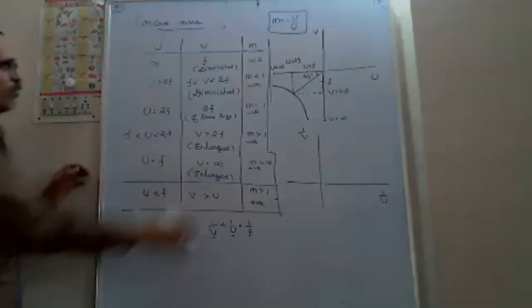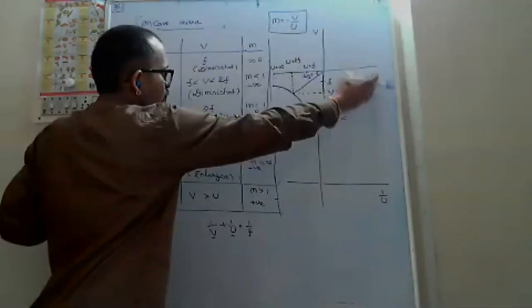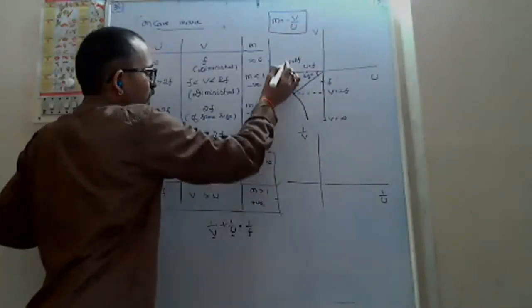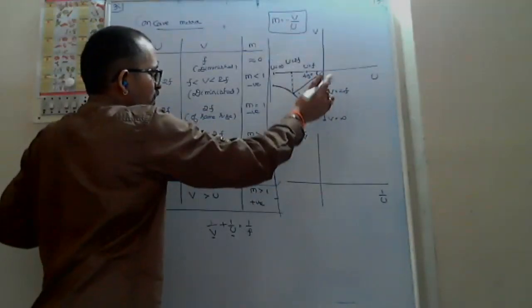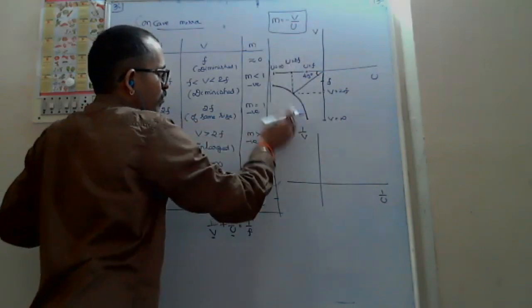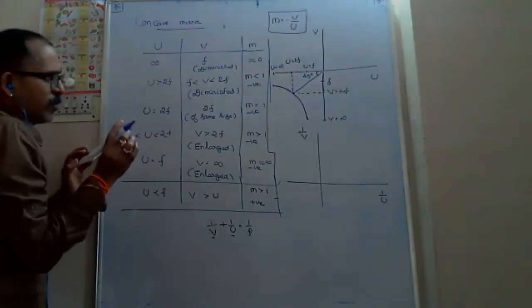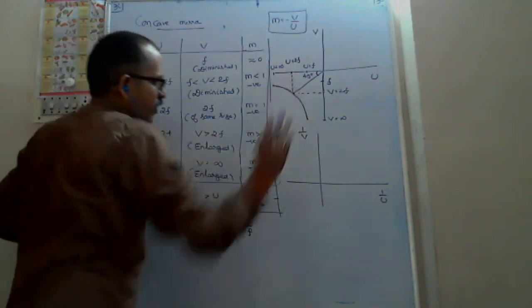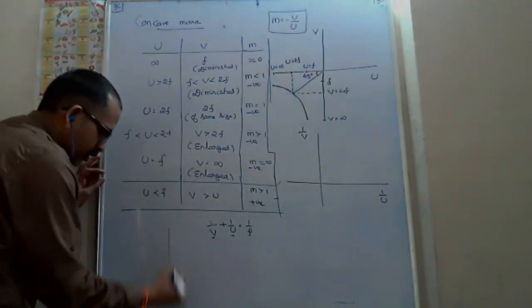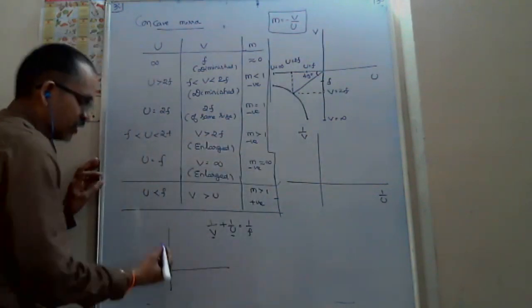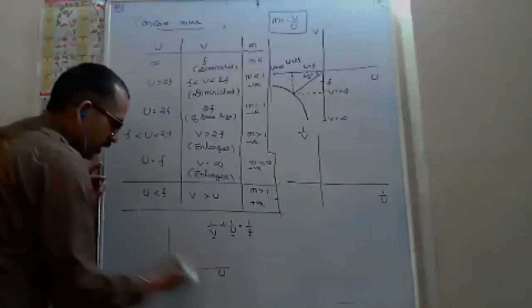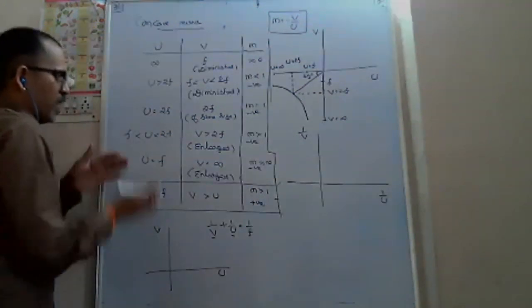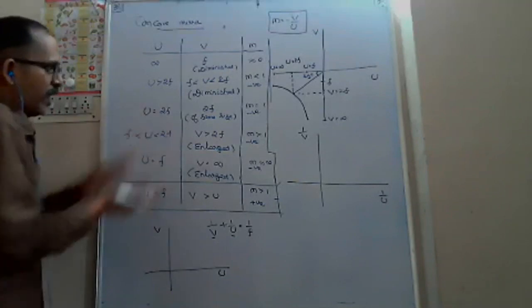Okay. Where from the v and u graph, generally if you draw it by taking the sign conventions, v negative and u negative, you will get one rectangular hyperbola. From this graph, what they ask generally, without considering the sign conventions, I am not considering u negative, v negative.